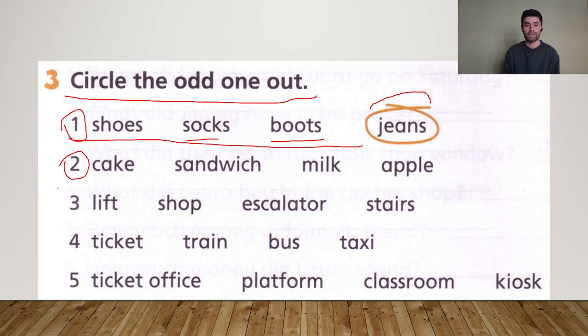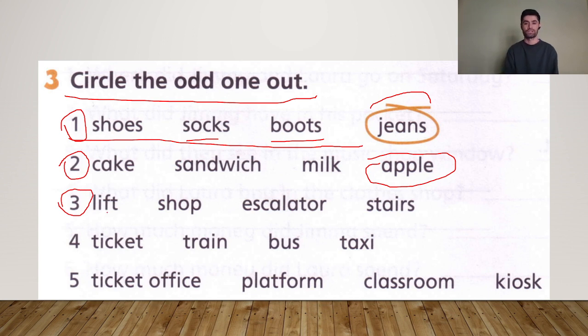So we have cake, sandwich, milk, and apple. Very good. That's correct. Apple is the odd word. Cake, sandwich, milk are the type of food, but apple is a fruit, right? Correct. Very good.